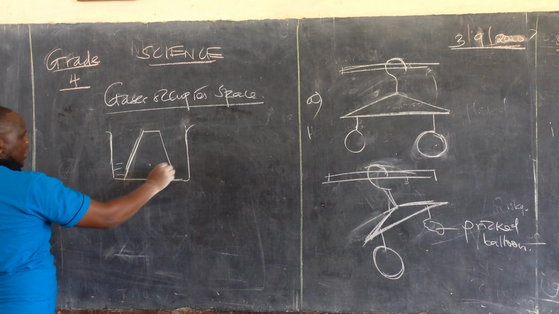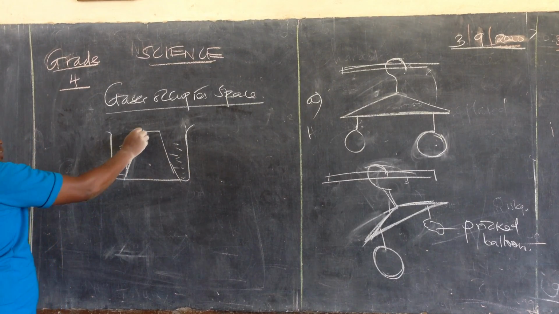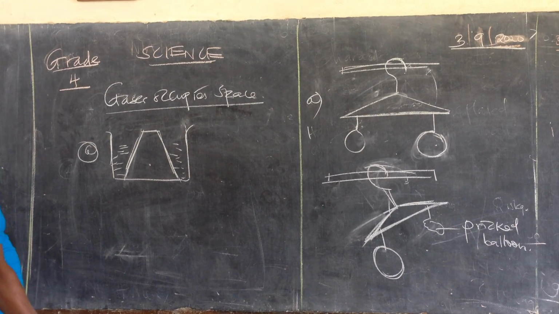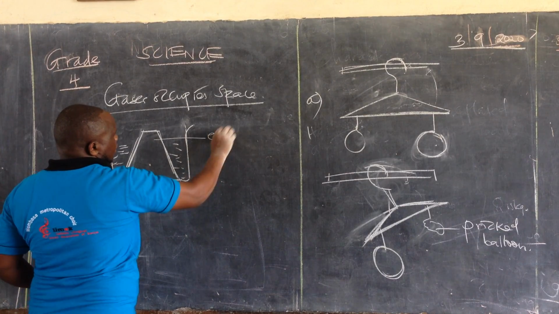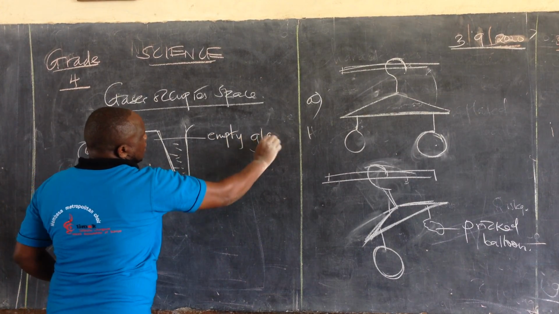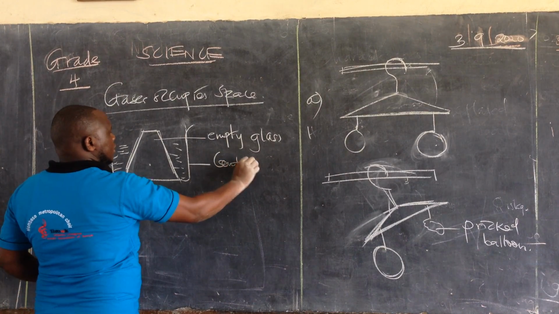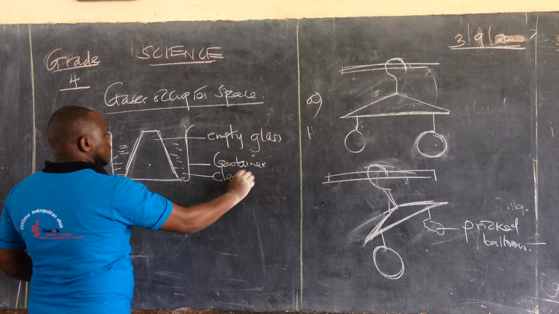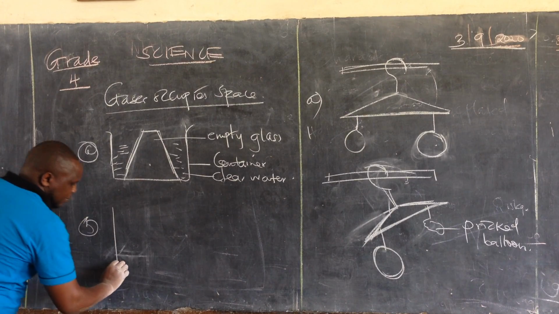I'm going to draw experiment A and then B. This is an empty glass, and number 2, the container. Then we'll have some clear water. The next experiment is going to be the same experiment.